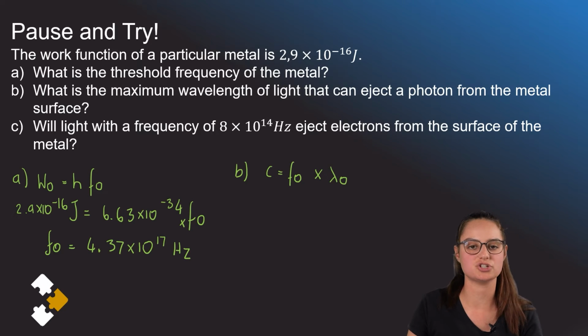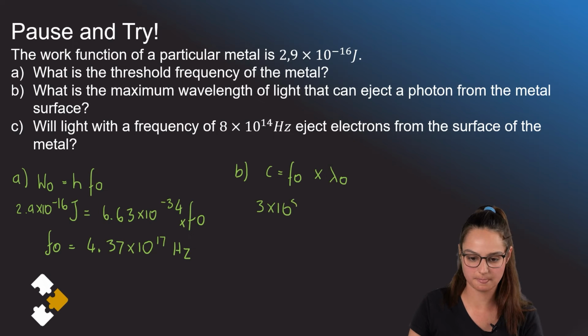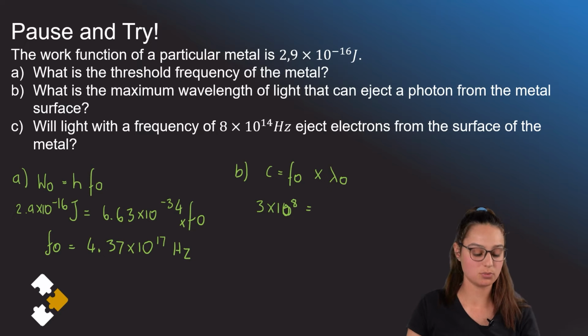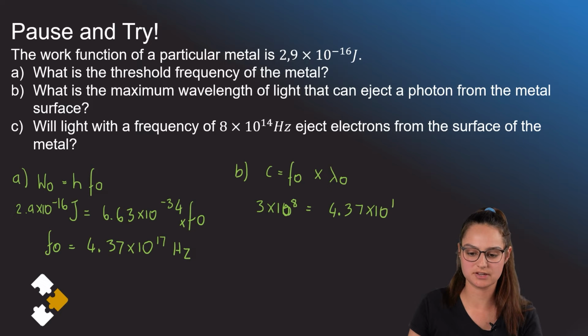On your data sheet, you can find c, which is equal to 3 times 10 to the 8. That's equal to our threshold frequency, which we've just worked out, and that is 4.37 times 10 to the power of 17 times our wavelength.